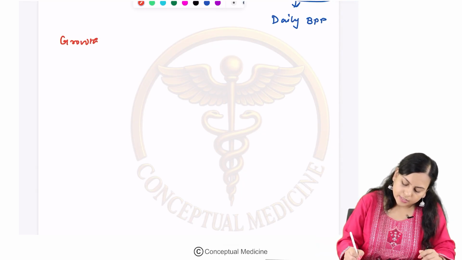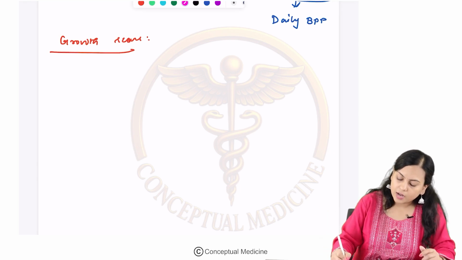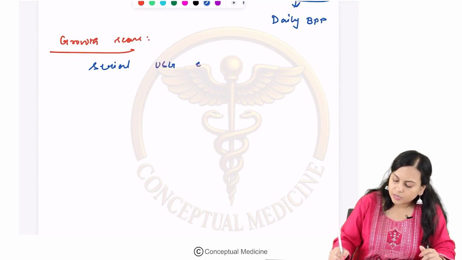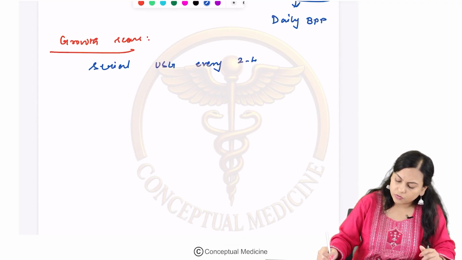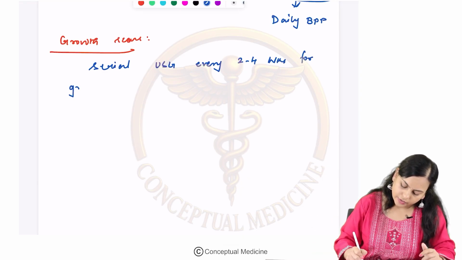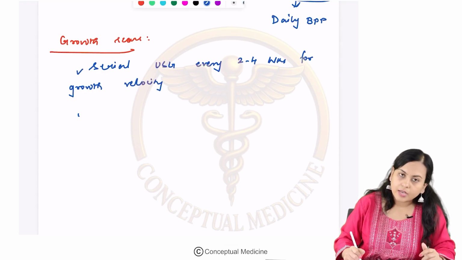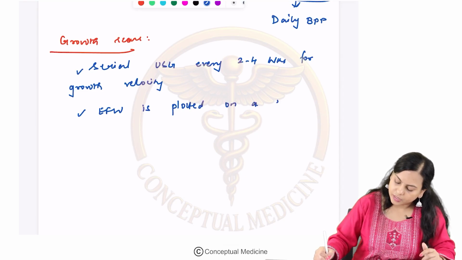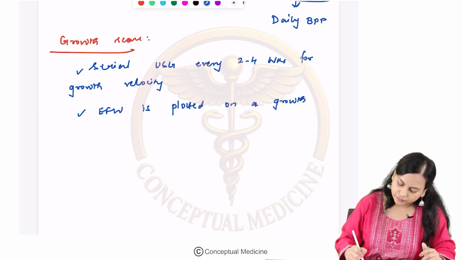When talking about the growth scans, you have to do a serial USG every 2 to 4 weeks for growth velocity. Then the estimated fetal weight is plotted on a growth curve chart.